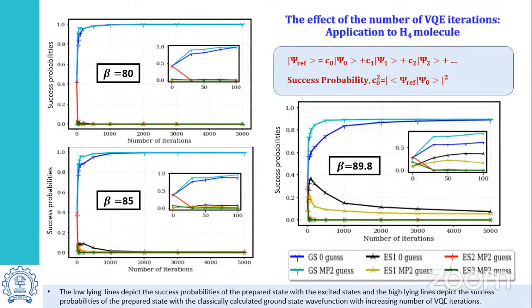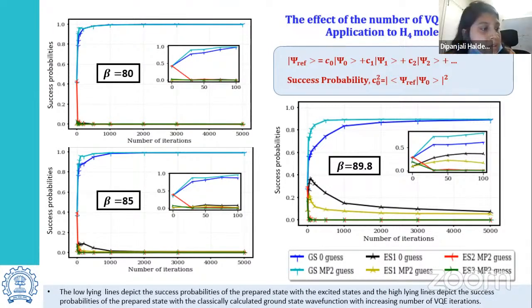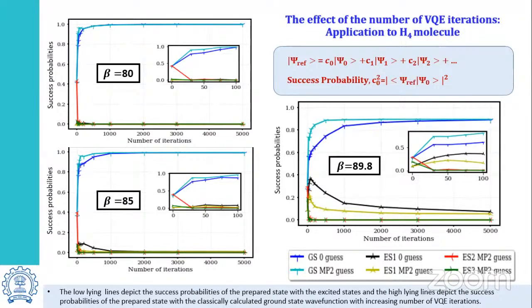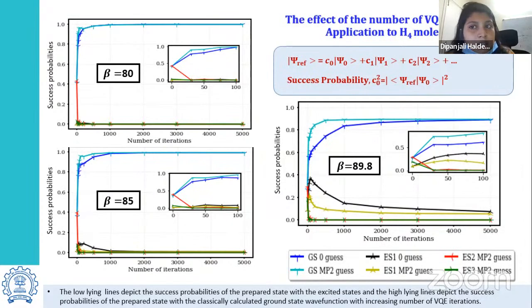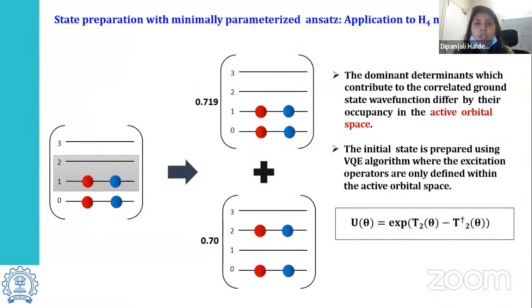Okay, so another question is about the VQE with one excitation operator, which corresponds to a double excitation from the Hartree-Fock state. Could you show me the result with the two configurations? You're talking about this minimally parameterized ansatz? Yes, exactly. So in this case, the wave function includes only one parameter.